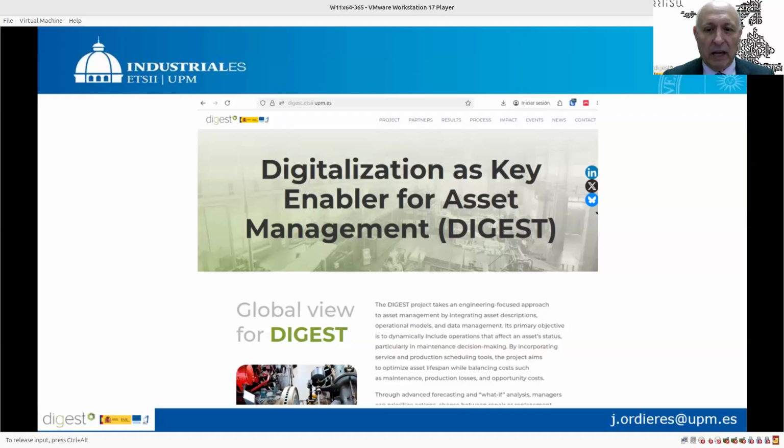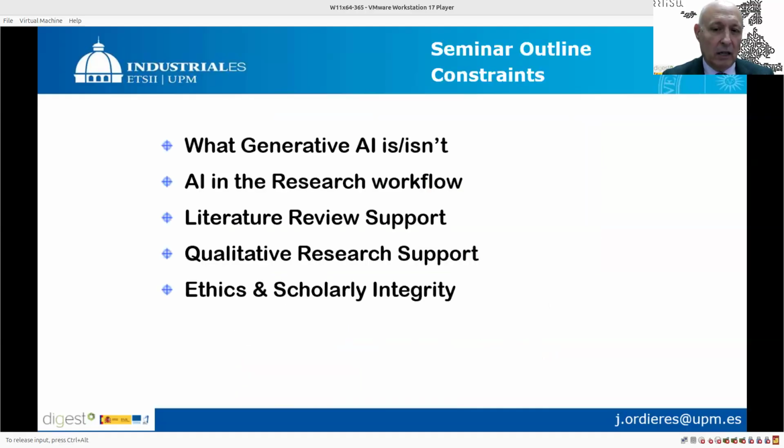Just moving forward into the agenda. The main topics to be addressed in this seminar will be what generative AI is or is not, the AI research workflow and the benefits from dealing with LLMs with that kind of technologies.